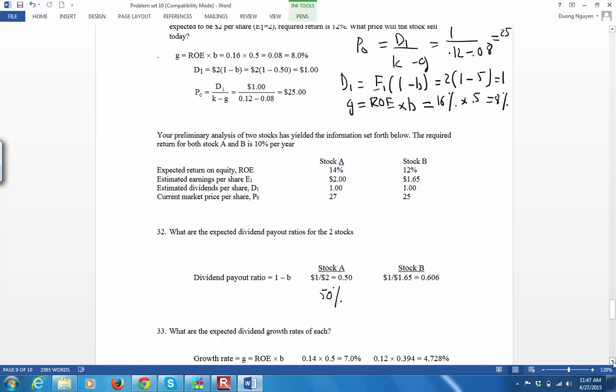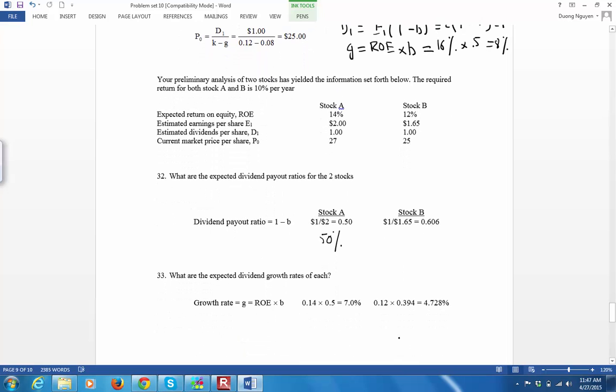What is the growth for each of these? Growth is ROE times B. ROE is 14% times B, where B equals 1 minus the dividend payout, 1 minus 0.5, equal to 0.5.